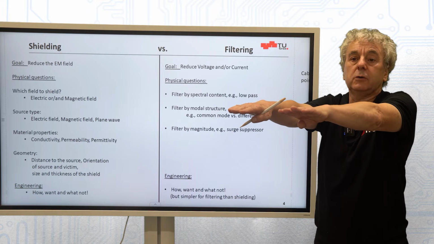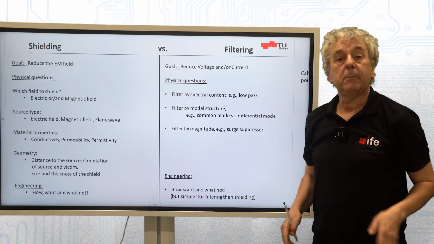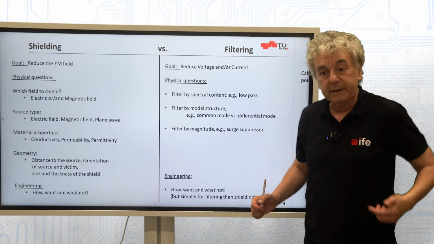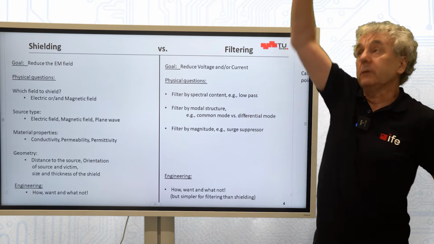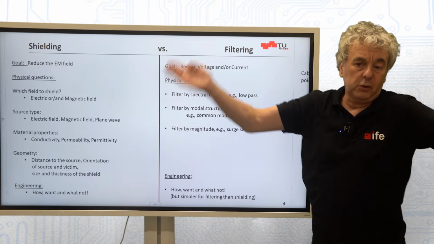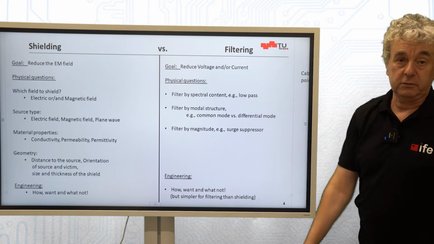Most unwanted noise couples in common mode and not in differential. So we can do modal filtering. Or we can filter by magnitude. Let's say the signal is this magnitude, 1 volt, but the noise is that high. So then we can filter by clipping the high voltage signals. The engineering is the same question, what to do, what not to do.